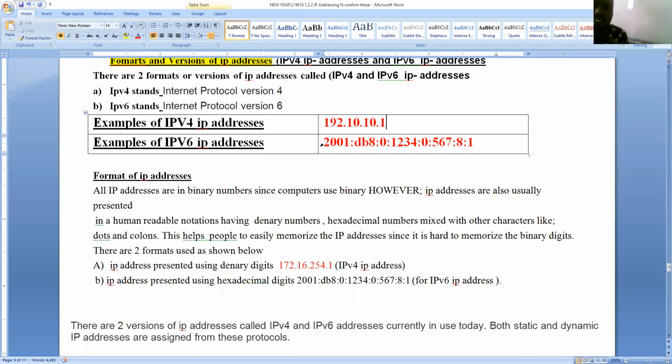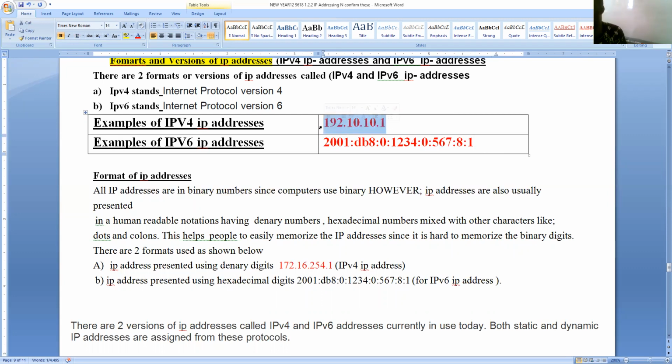It has more characters. How many are there? 1, 2, 3, 4, 5, 6, 7, 8. It has got 8 parts. This has got how many? IPv4?